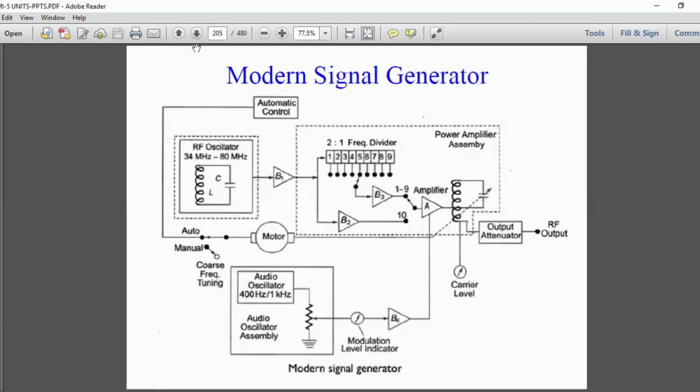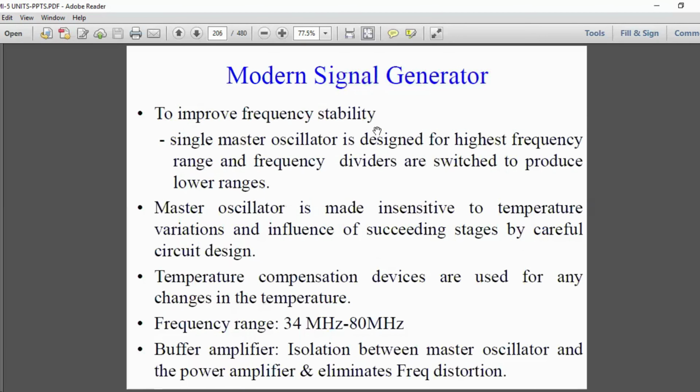So in the modern signal generator, it improves the stability first, and the master oscillator is designed for the highest frequency range, and the frequency dividers are switched to produce the lower ranges.